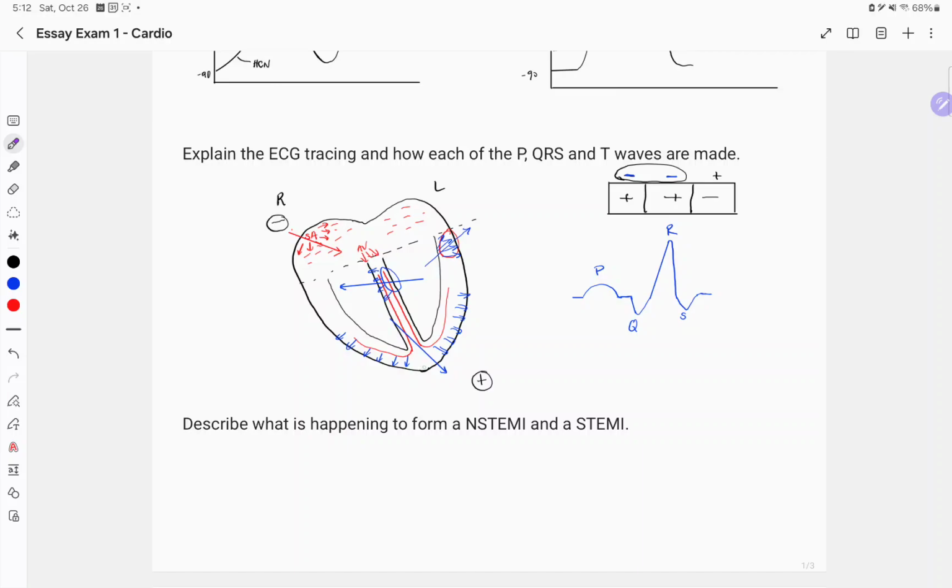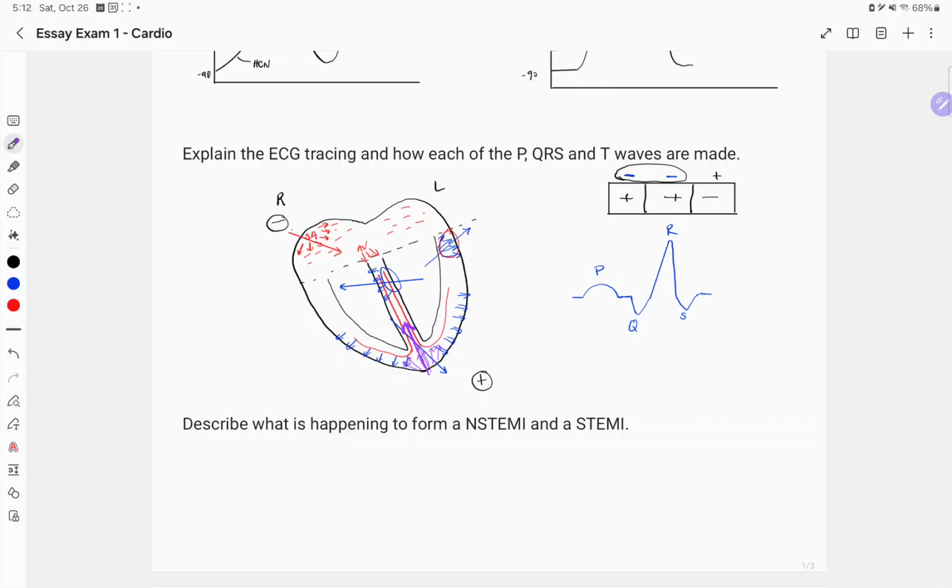And now, from our apex, from the epicardium to the endocardium, we're going to have a repolarizing of all these cells, right? Just going to spread throughout the entire heart, all the way back up to the atrium. If we take our average of that, we're going to be somewhere like this, okay?